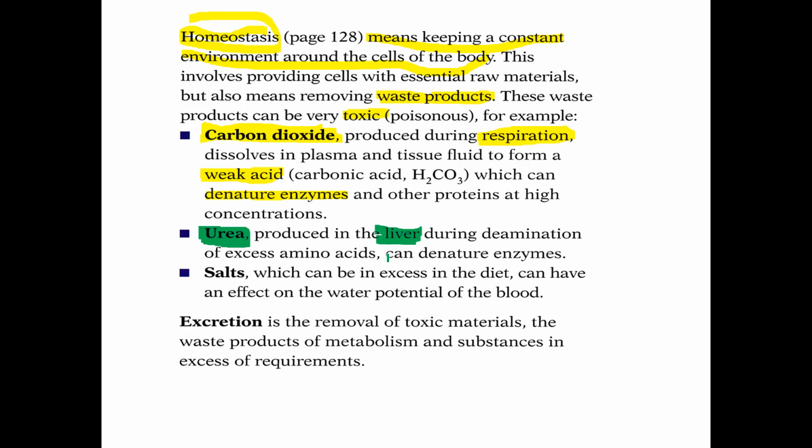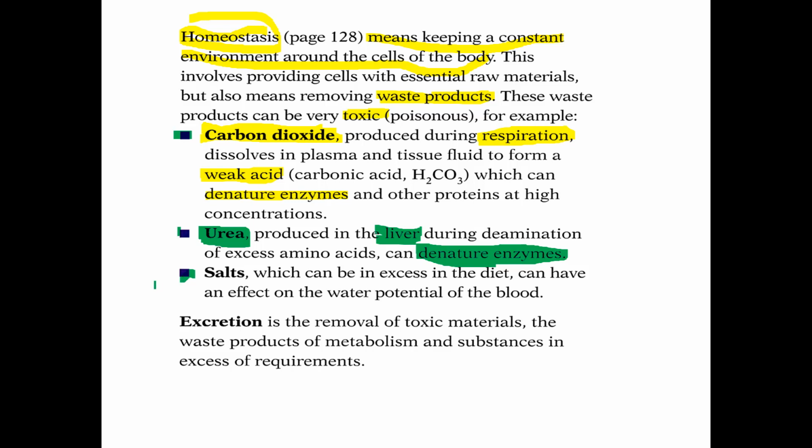Urea also, when the concentration of it is high, what will happen? It will again denature enzymes. So now, number one, number two, both of these toxic materials, when the concentration is high, both of them will affect the enzymes. Both of them will denature enzymes.